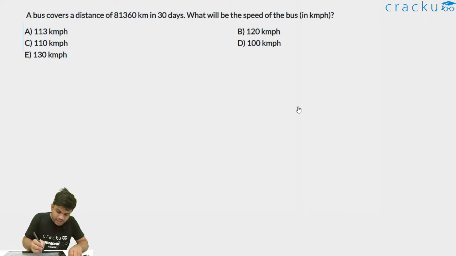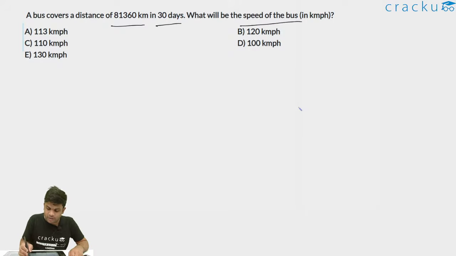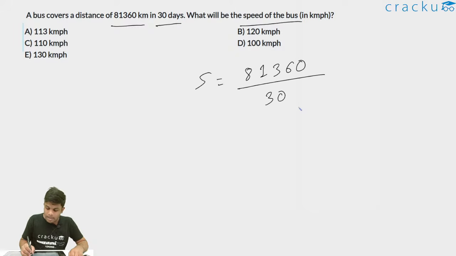In this question it is said that a bus covers a distance of 81,360 kilometers in 30 days. What is the speed of the bus? Speed is nothing but distance by time. So the distance is 81,360 and the time is 30 days. But it is asked in kilometers per hour, and here it is in kilometers per day.